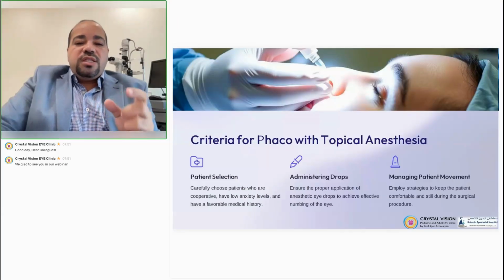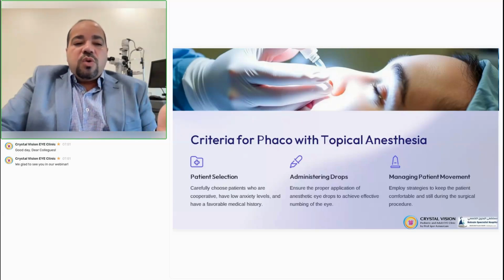So what is the criteria for phaco with topical anesthesia? The criteria are very important because according to them, we select the patients for whom we recommend topical anesthesia. Patient selection is the most important thing we need to do, because we are not going to use topical anesthesia with everyone, like stressful people, cardiac patients, people who look anxious.